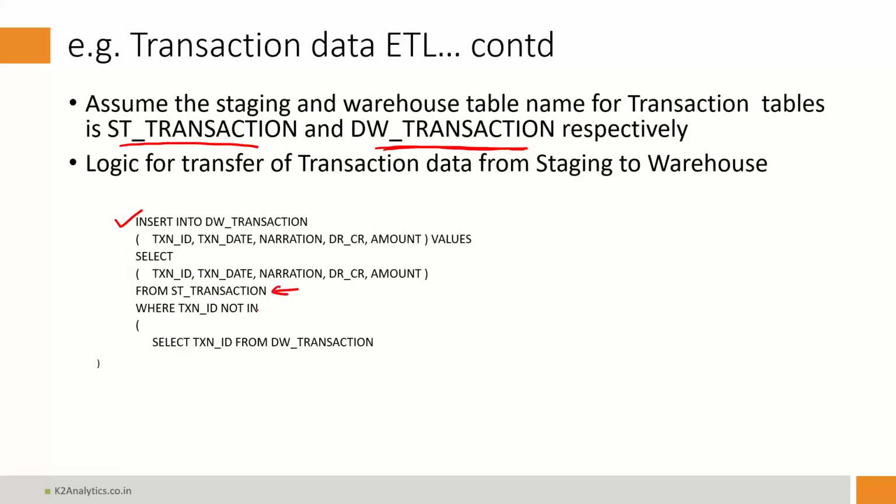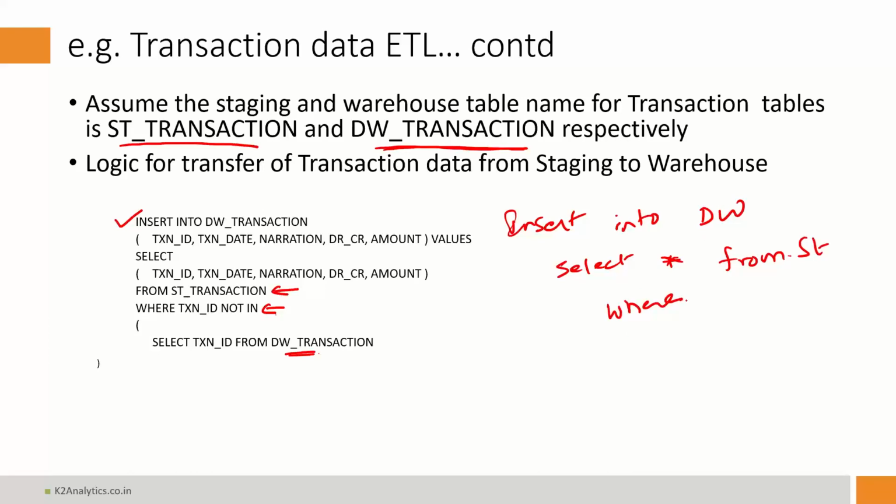What you have to insert? Rather than putting all columns, I'll put select star from staging where the ID of staging is not present in select ID from data warehouse.